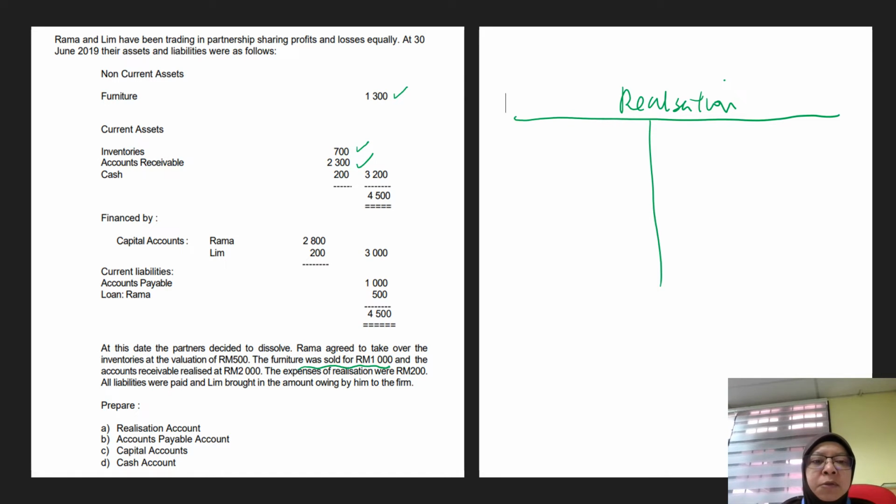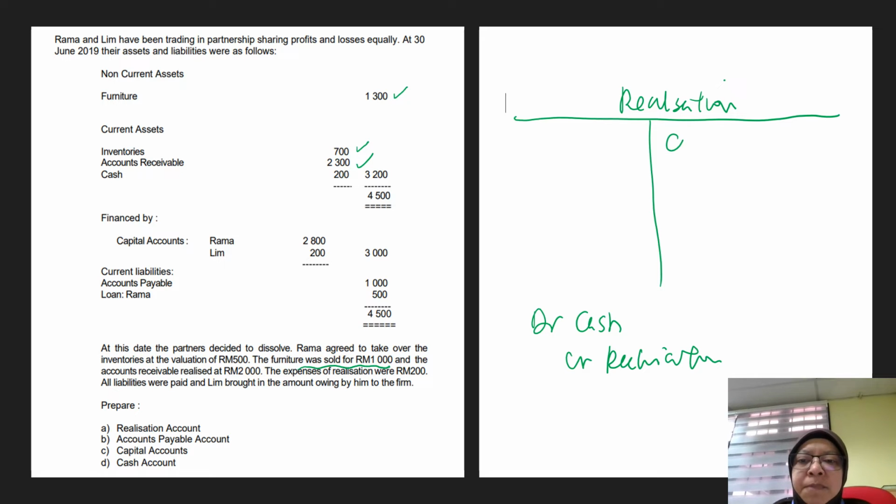So back to my last slide, we should debit our cash or bank and credit our realization. So here we credit our realization 1,000 from the selling of our furniture, and so on. That is step number 3.